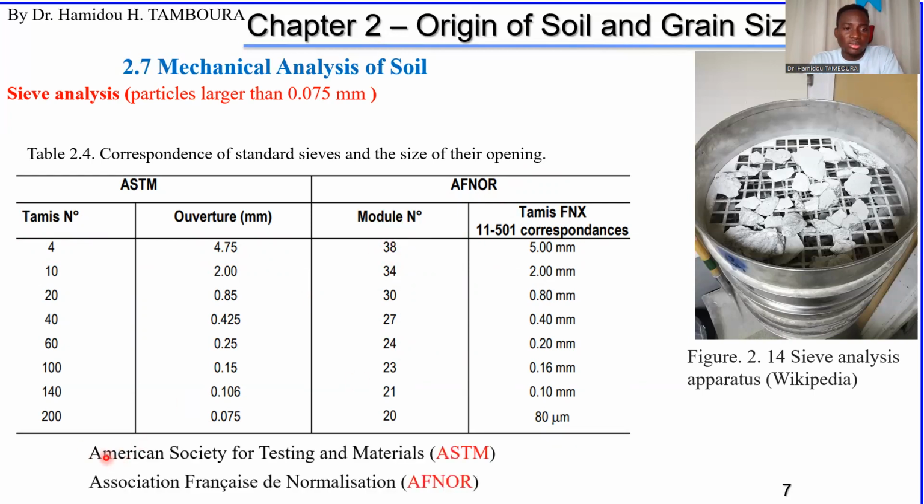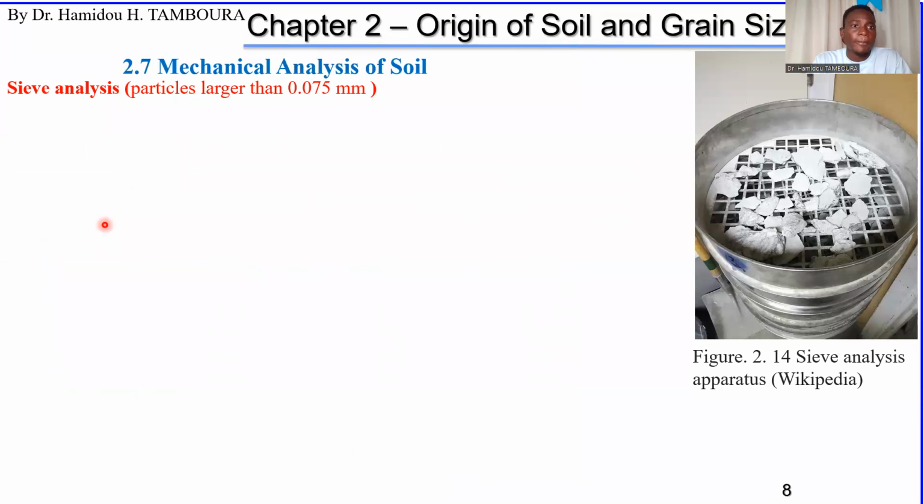This one is the American Society for Testing and Materials, maybe you know already, but this one, AFNOR, means Association Française de Normalisation, like French Association for Normalization. So I think in Japan, this American one is used.